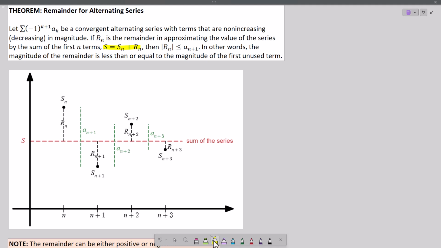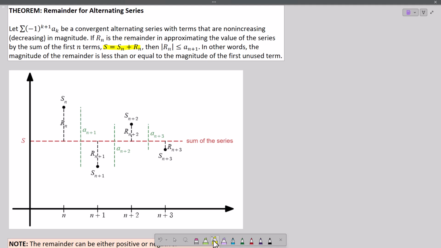It would take us down to here for S sub n plus 1. And then if we added the next term, which would be a sub n plus 2, that's a positive number, which would bump us up above the eventual sum. And then if we added the next term, that would be a negative, and it would take us down to here. So you can see the sequence of partial sums is oscillating around what the eventual limit is going to be.